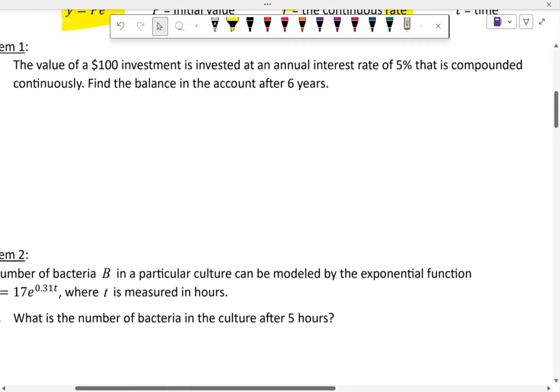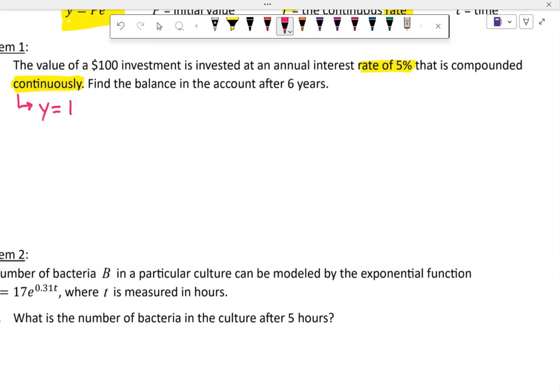A $100 investment is invested at an annual interest rate of 5%. That is compounded, there's the word I told you to look out for, continuously. Find the balance in the account after 6 years. Since we are compounding continuously, that is our PERT formula. So we have y equals P times e to the rt.